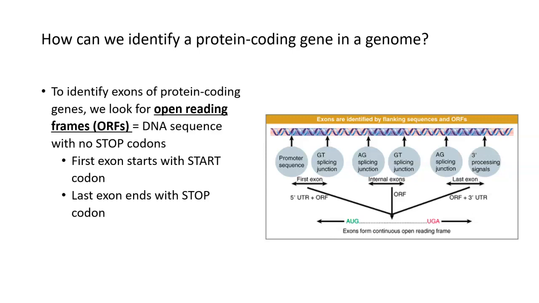We see a long sequence of DNA with no stop codons. It's not repetitive. And then we see a stop codon at the end. We're going to identify this as a gene that will make a protein. Like I said, highly dependent on computers and computer algorithms and bioinformatics.